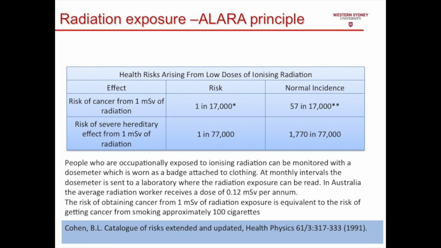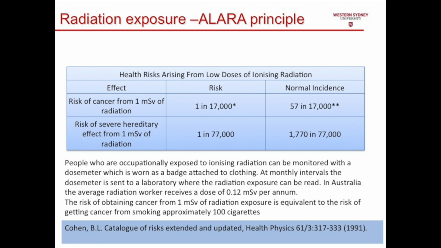People that are occupationally exposed to ionising radiation would be monitored, and generally they would be required to wear a dose meter badge, which would be attached to their clothing at all times at work. These dose meters would be sent to a laboratory, typically at a monthly interval, where the total radiation exposure would be determined. In Australia, the average radiation worker receives a dose of 0.12 millisieverts per annum.